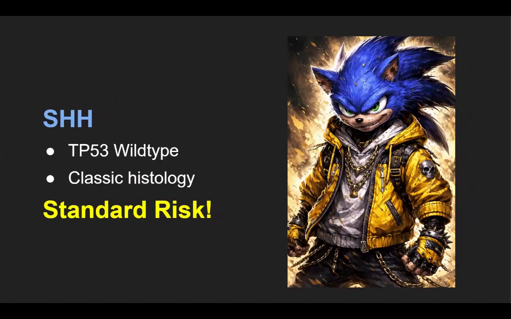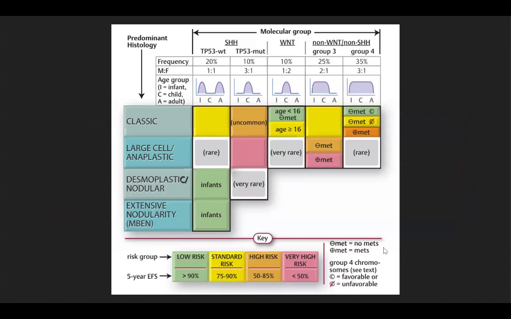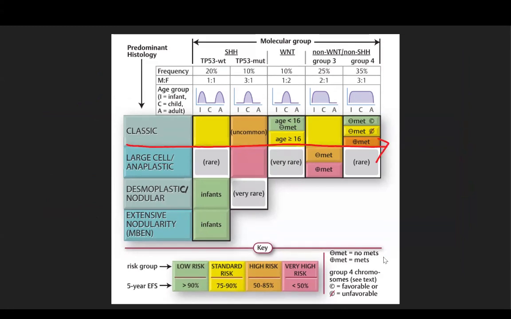Let me go back to the chart. So we were going in this direction. We have almost reached our destination for the first row. You all remember till here? We were here, group 3, easy peasy. It's all yellow, standard risk. Classic histology, group 3, standard risk. Group 4, what did we say? It's low risk when it's classic histology and no mets, and favorable findings.